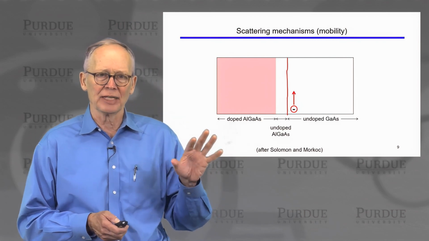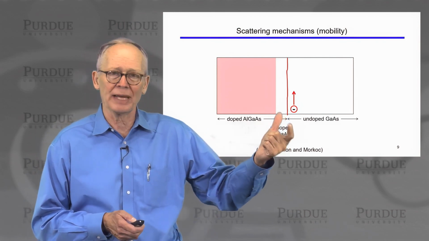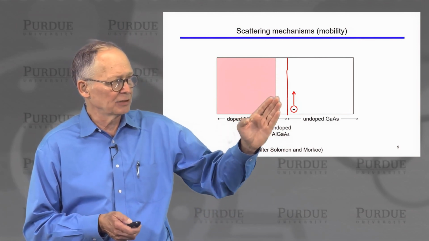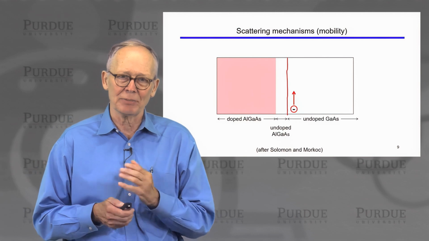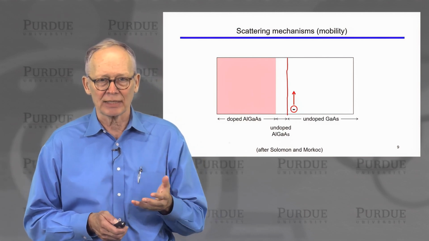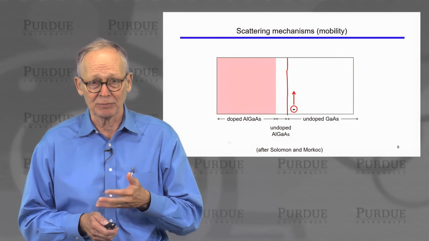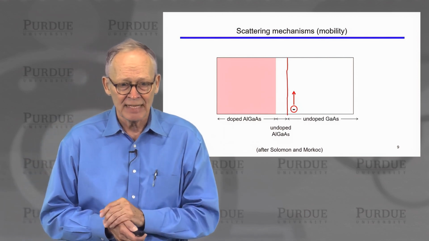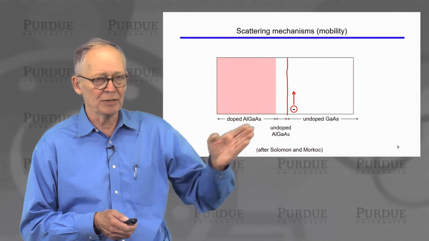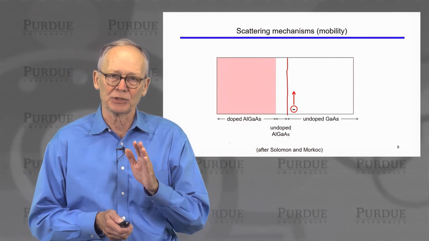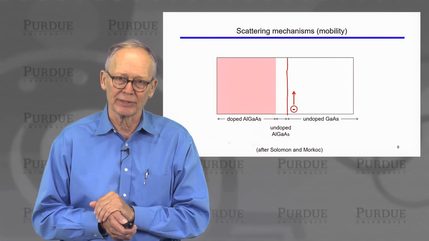Okay, now let's talk a little bit about the electrons in the small bandgap layer that have high mobility. One of the things is that these layers are grown with sophisticated epitaxial techniques called molecular beam epitaxy or metal organic chemical vapor deposition, MOCVD. And these techniques have the ability to grow almost atomically flat interfaces between the small bandgap and wide bandgap layer.